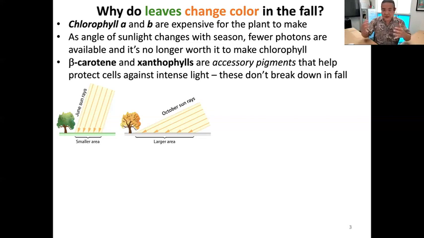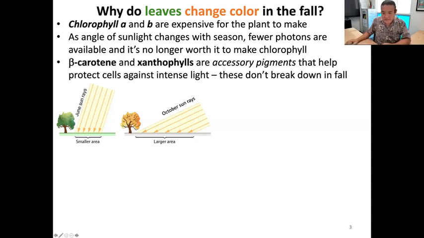These beta carotenes, these xanthophylls, what we call accessory pigments, aren't nearly as complicated as a chlorophyll A or B molecule. So the plant can still produce these, and these can become more important in receiving the light in the fall.